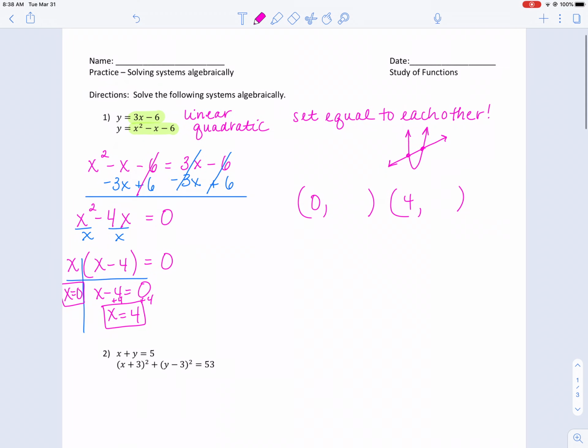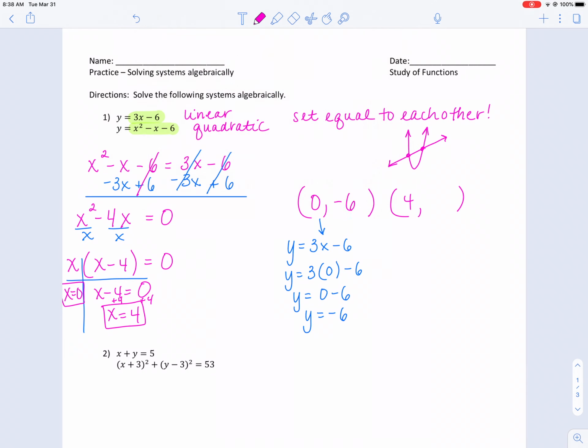Now, what do we need to do to find the y value? Take one of the two equations. It doesn't matter which, but the linear one is easier. If I take y equals 3x minus 6, and I plug in 0 for x, I would get y equals 0 minus 6, which means when x is 0, y is negative 6.